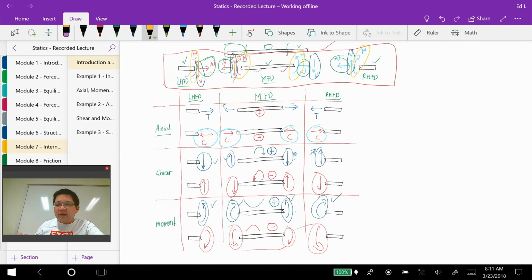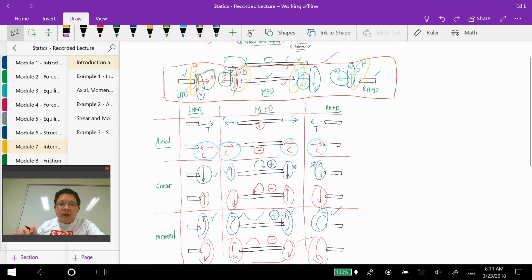So most of the time when you solve problems, I strongly suggest you to draw your free body diagram in positive sign convention. So draw your free body diagrams in positive sign convention, and most of the time we will deal with either the left hand free body diagram or the right hand free body diagram.